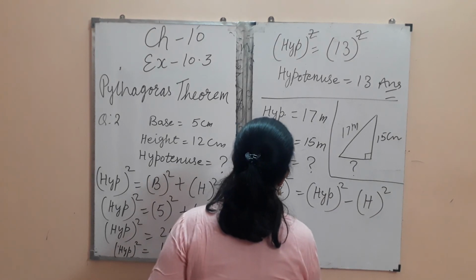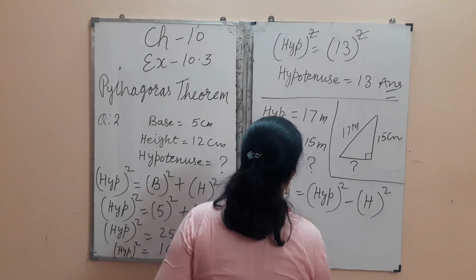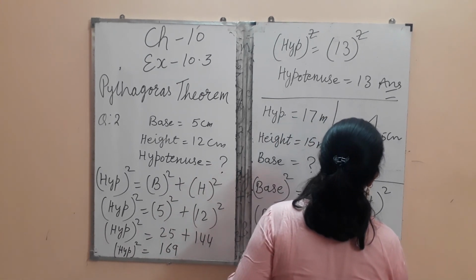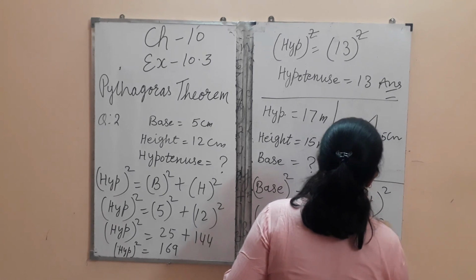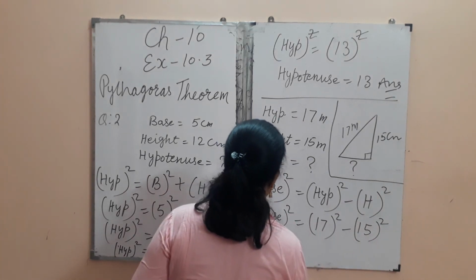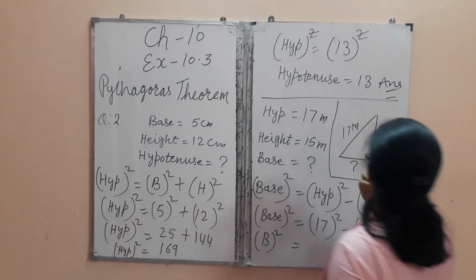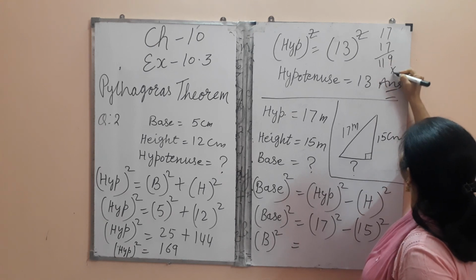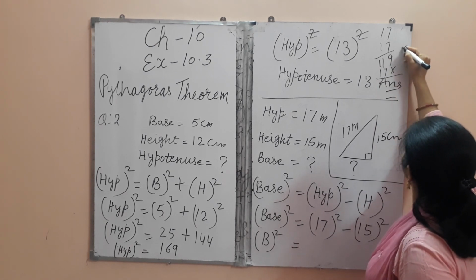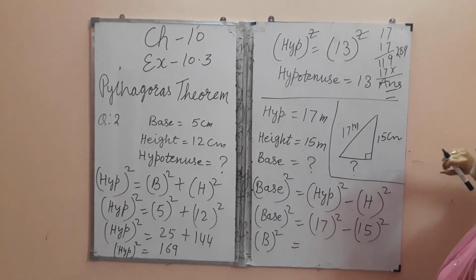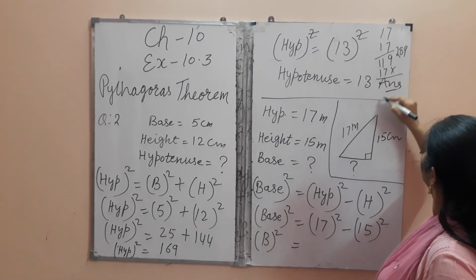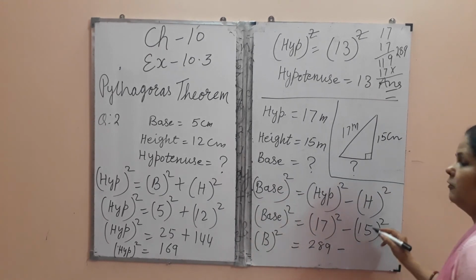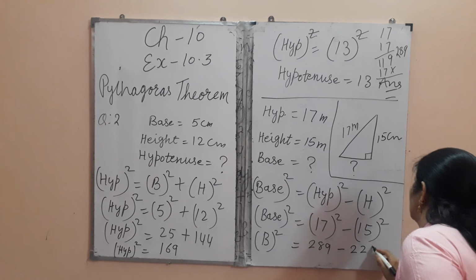Base square, hypotenuse is 17 square minus height is 15 square. So b square is equal to 17 square, which is 17 into 17, 289, minus 15 square, which is 225.